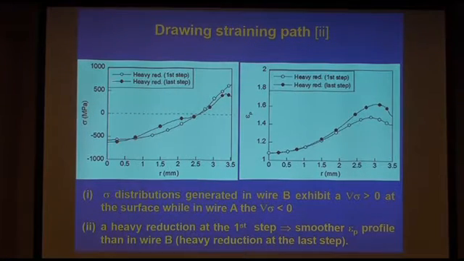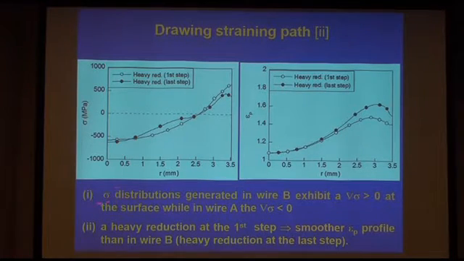Then, for heavy reduction at the first step, we have higher residual stresses in the area of interest. And for heavy reduction in the last step, we have lower tensile residual stresses in this area. With regard to the strains, they are higher for heavy reduction, black color, in the last step.